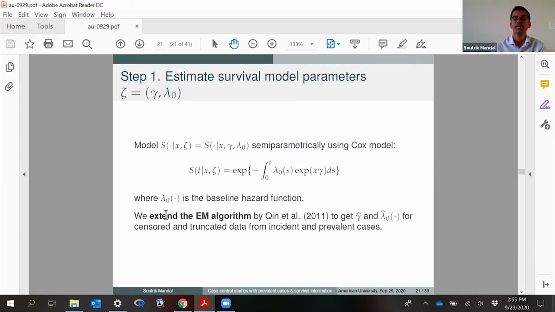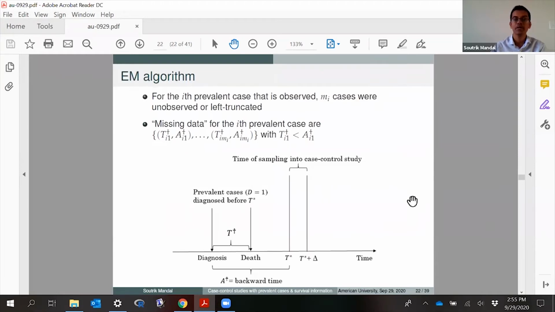To do that, we extend the EM algorithm by Qin et al. 2011 for censored and truncated data from incident and prevalent cases. Now, I will not go into the details of the EM algorithm, but I want to give you the brief idea of it. We associate the EM algorithm with missing data. So what is our missing information here?